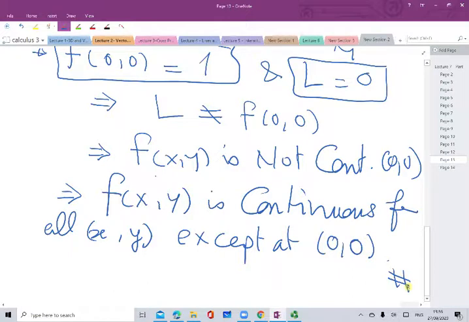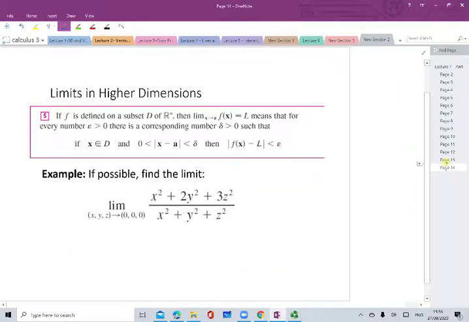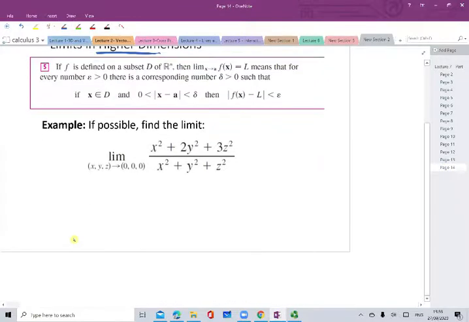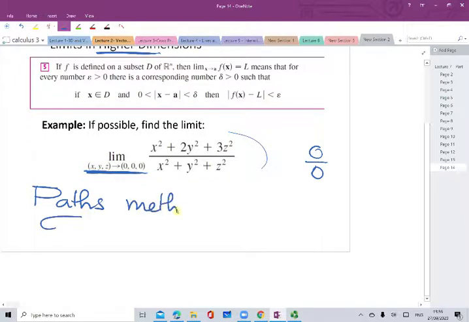Okay, if we have 3 variables, higher dimension, actually it's the same job, taking care that the point approaches the triple x, y, z here, and I'm trying to find a limit. Of course, by simple substitution we're going to find 0 over 0. We can also do the paths method for such a problem and check different paths.